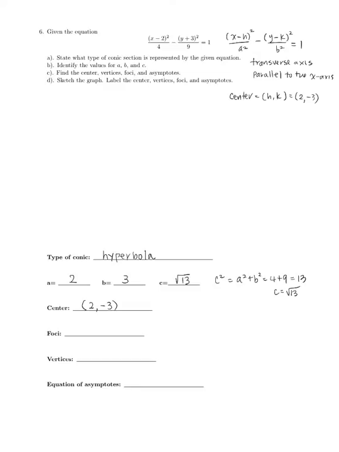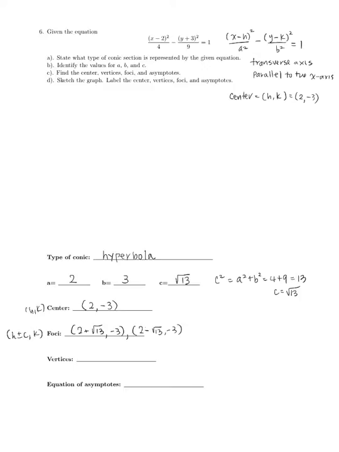Okay, now let's go with the foci. The center was h comma k. The foci are h plus or minus c comma k. h is 2, so plus or minus the square root of 13. So we're going to have 2 plus square root of 13 comma negative 3, and 2 minus square root of 13 comma negative 3.